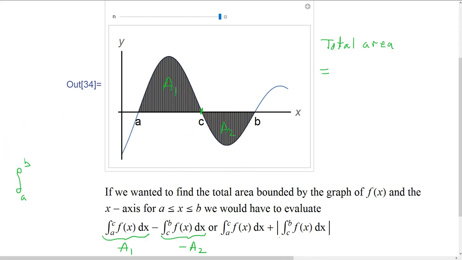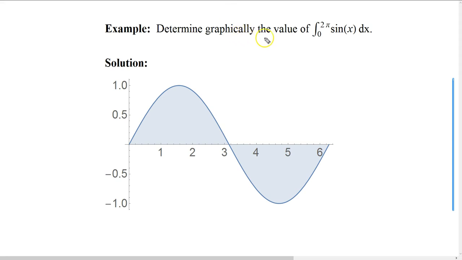Let's take a look at an example. Here we want to determine graphically the definite integral from 0 to 2 pi of the sine function. Well, if we look at the graph of the sine, down here we have it. And notice that we have two areas here, a1 and a2. Now by symmetry of the sine function, the areas are the same.